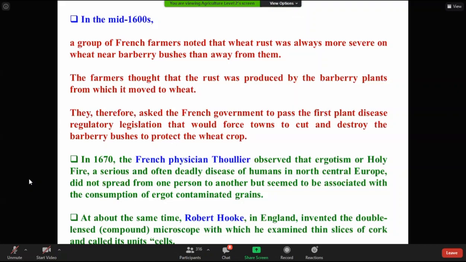You see, after 70 years, in 1670, the French physician Tholier observed the ergotism, another deadly disease, because it creates problem to human health in the Central Europe. But they observed that the disease cannot transmit from one human to another.